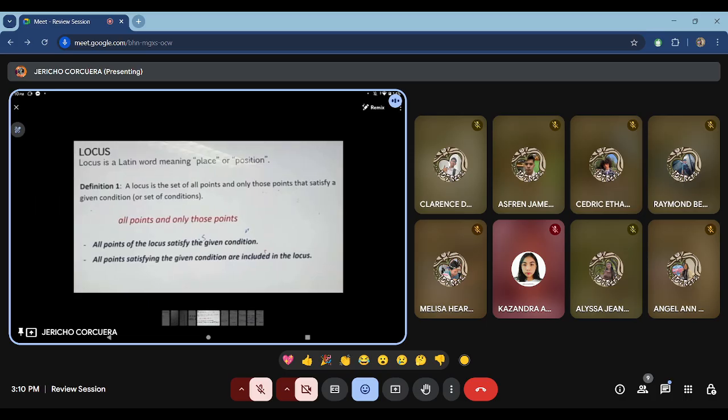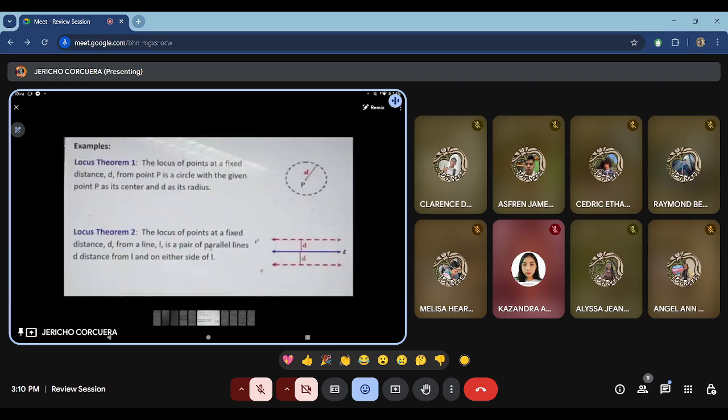And then next we have locus theorem 1. The locus of points at a fixed distance d from point P is a circle with the given point P as its center and d as its radius.